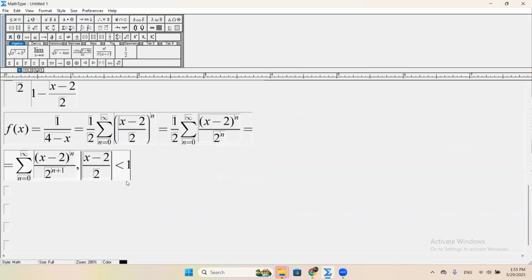And if I expand it, module of x minus 2 is less than 2. So I can use the following formula. Any questions about this exercise?